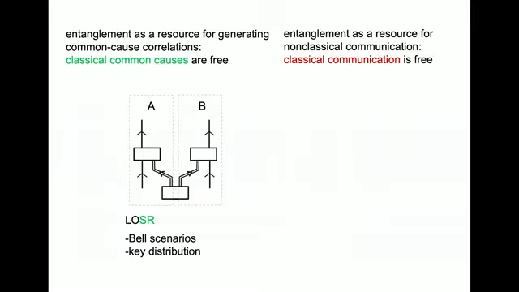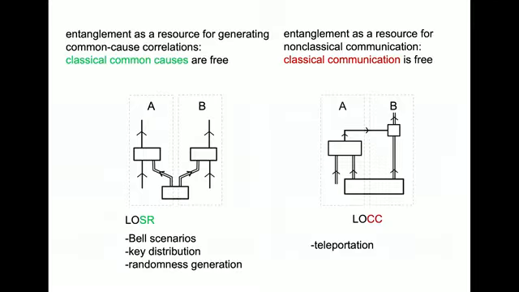And so if you're studying something like key distribution or randomness generation that is built around a Bell scenario, so these scenarios use correlations from distributed parties who are far apart, then you're going to want to use this approach where classical communication is not free. So you use the LOSR approach.